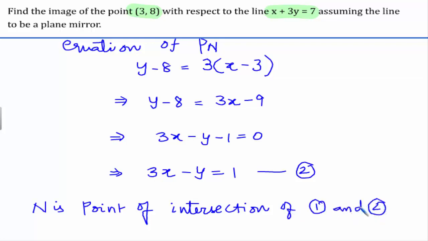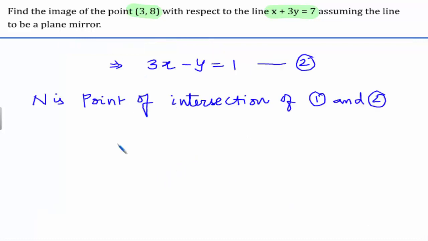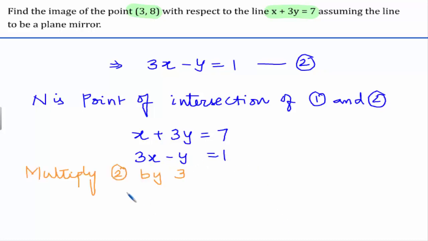Now if we solve these two equations 1 and 2, then we can get the point N. 1 is x plus 3y is equal to 7 and 2 is 3x minus y is equal to 1. Now let us multiply the equation 2 by 3. Then we get both equations. Let us write here. So x plus 3y is equal to 7. And if we multiply the second equation by 3, we get 9x minus 3y is equal to 3.